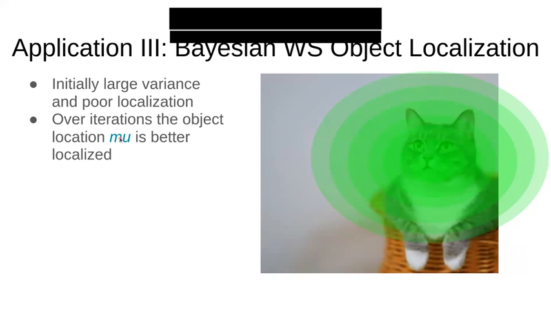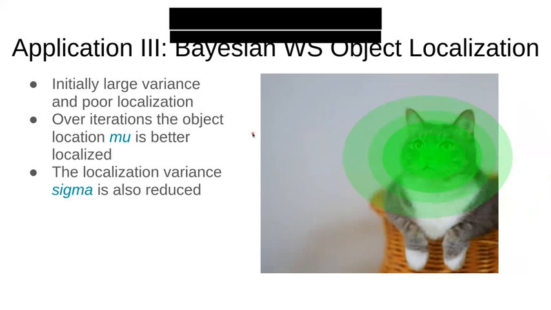So mu, which is the mean of the X, Y, and scale of the object, will move to the right location. And then with further training, we hope also to reduce the variance of the location, because we learn more about the appearance of the object, so we can learn where exactly the object is in the image.